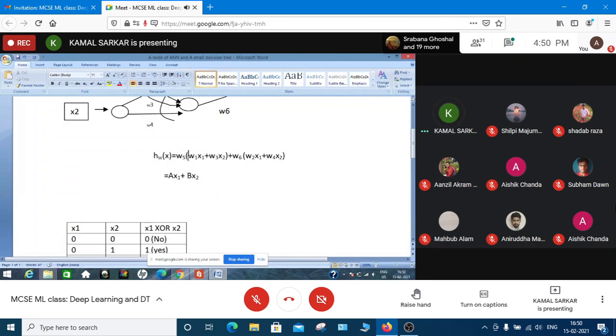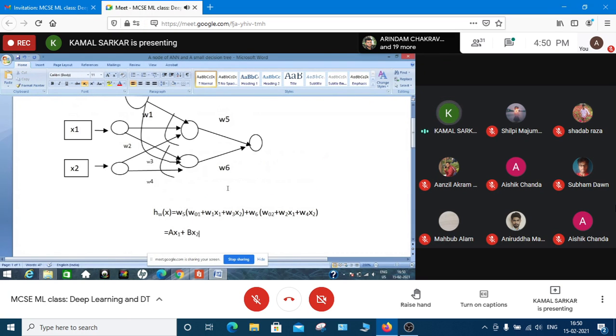So I have mentioned W01 here and W02 here. This is also the bias weight. Two different bias weights, to make them different I am using 01 and 02. So this bias and this bias.